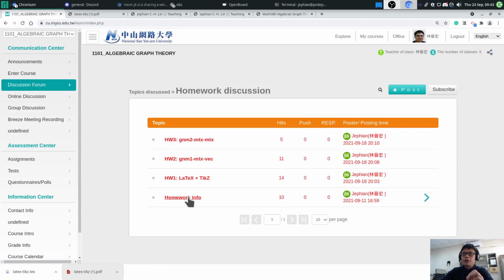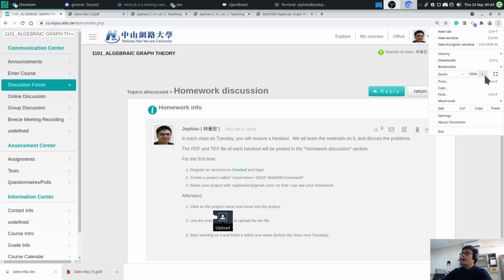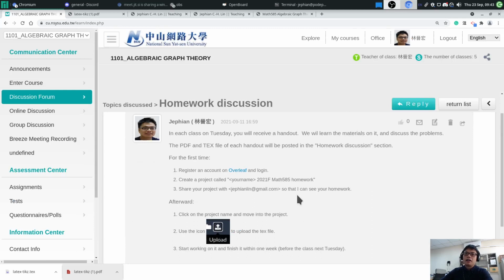If you go to the homework info, again, you see there is the info and there are some homeworks. Then try to go to this page and follow the instruction here. Try to create an account on Overleaf. Okay, and that will help you to go through the homework. Because later on, you are not going to submit your homework.